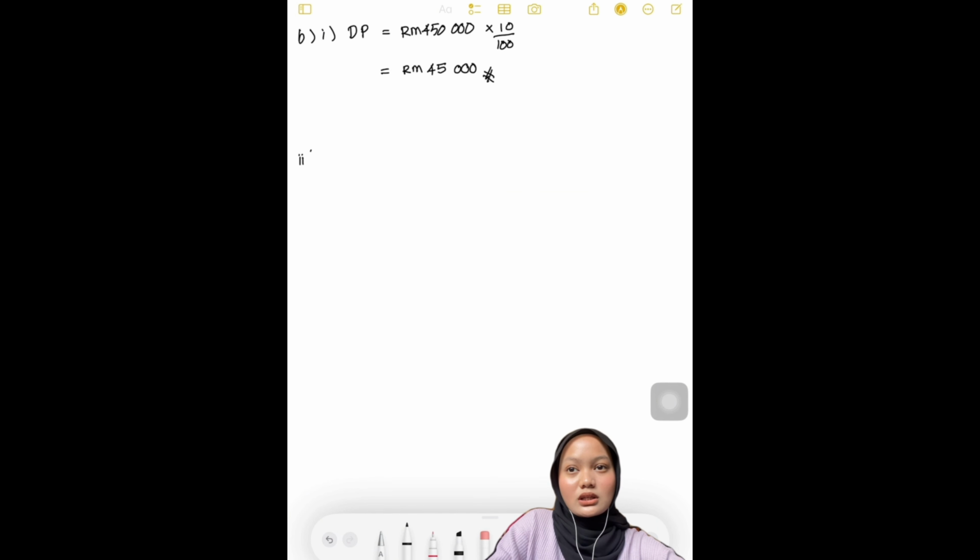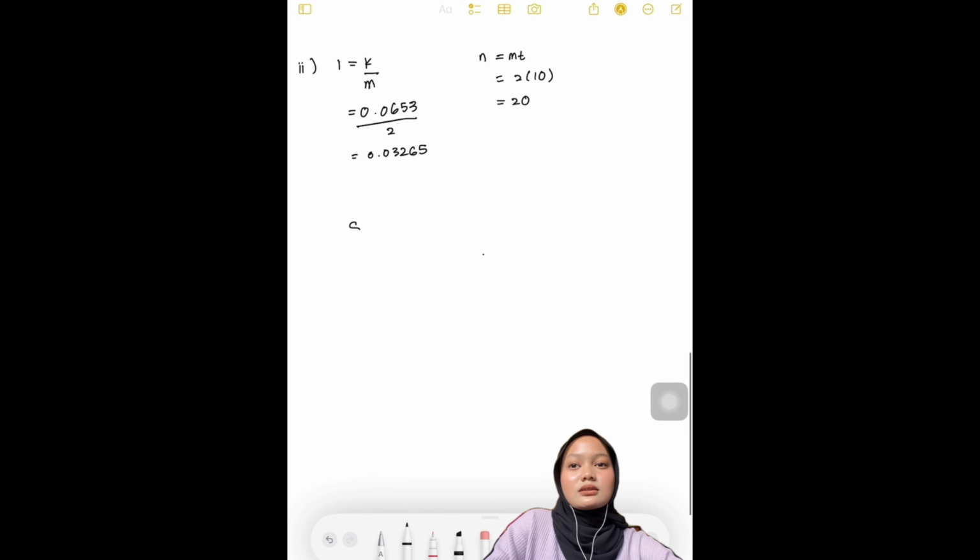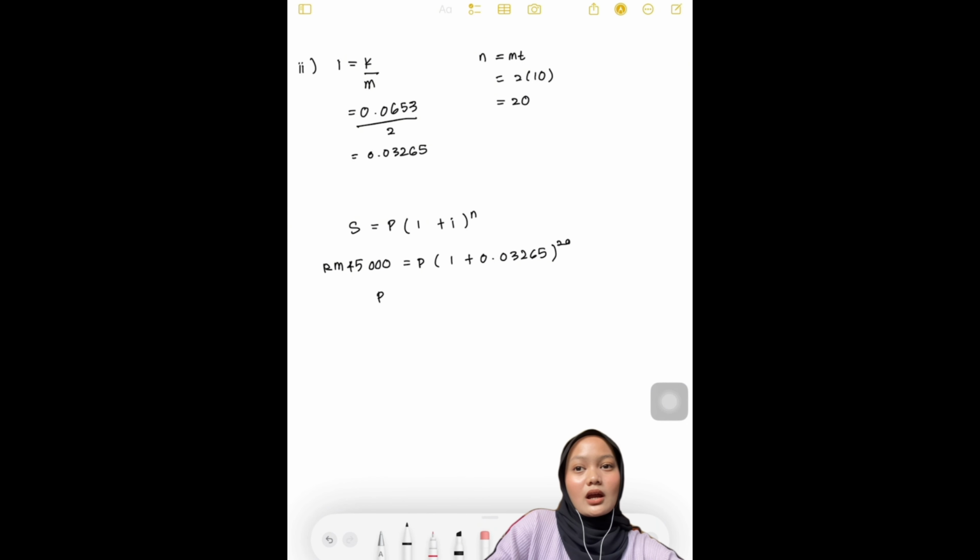For question B2, we need to calculate the invested money for the down payment. So 0.0653 over 2, the answer is 0.03265. N equals MT, 2 times 10, and then we use the formula S equals P(1 plus I) to the power of N, and S is 45,000 equals P(1 plus 0.03265) to the power of 20.